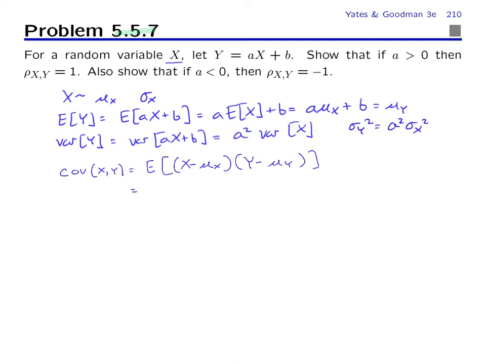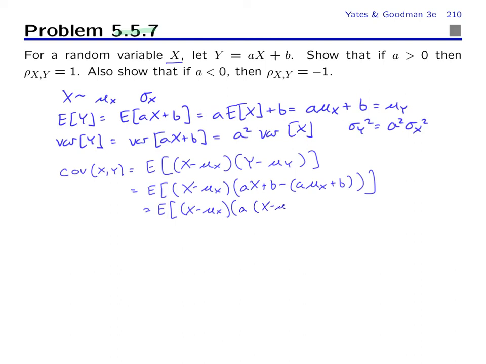But random variable Y is defined in terms of random variable X. Y minus mu y is aX plus b minus (a mu x plus b), and this simplifies to a times X minus mu x, because the plus b and minus b cancel out.